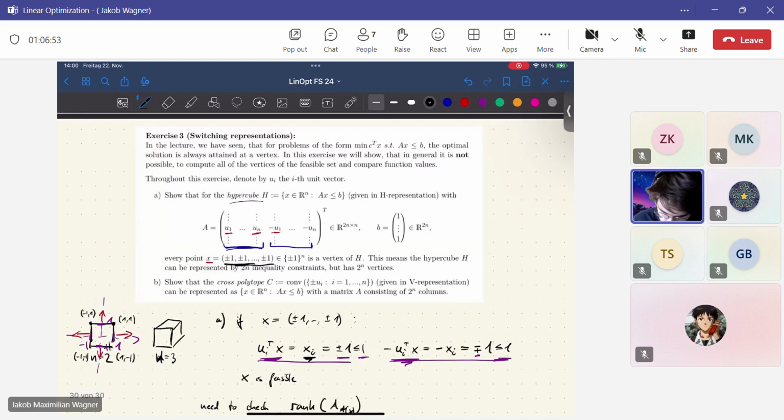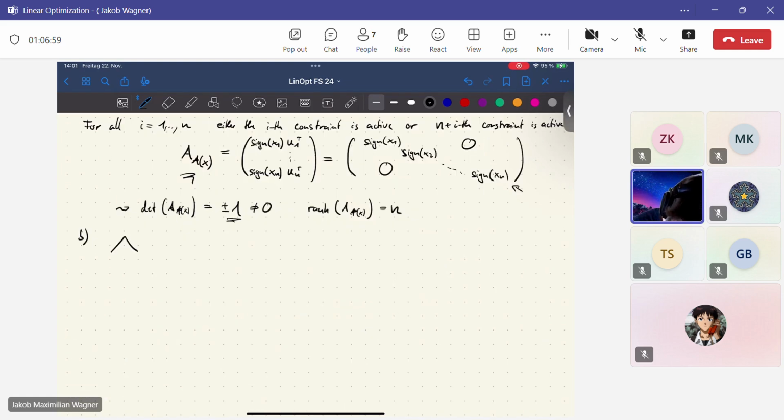So here we want to have a look at the so-called cross polytope, which in 2 dimensions looks the same as a square, but is rotated a little so it sits on its vertex. And in 3D, we have this octahedron that's obtained by somehow gluing two pyramids together.